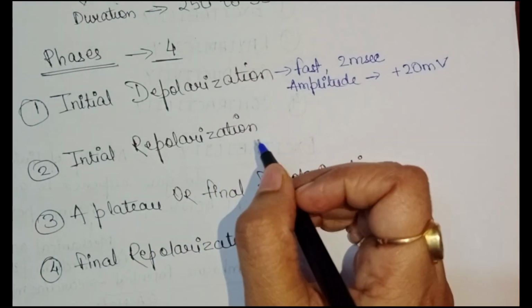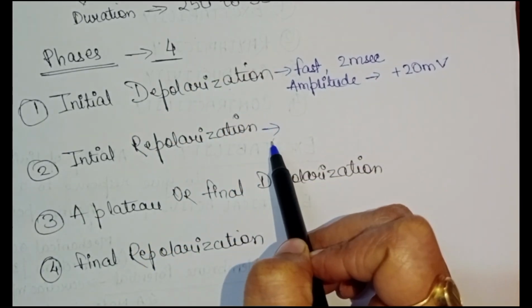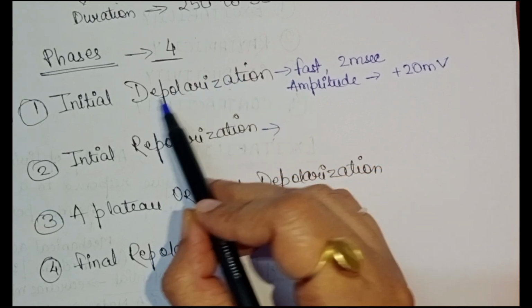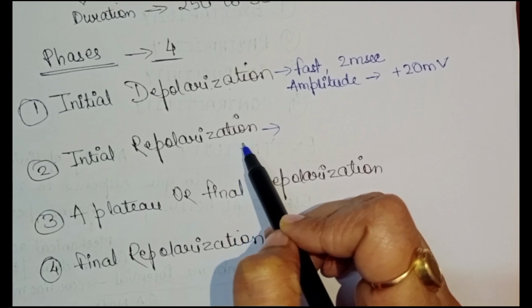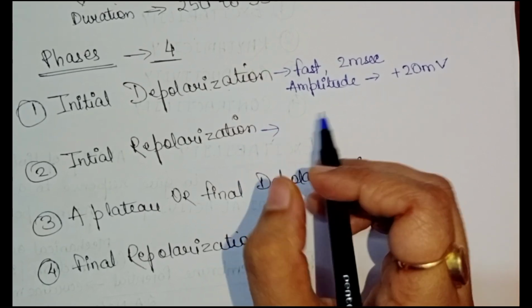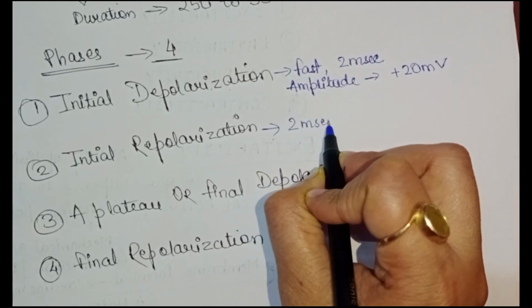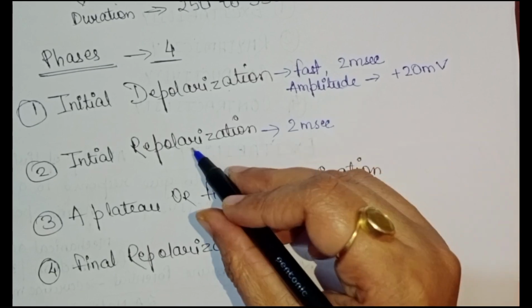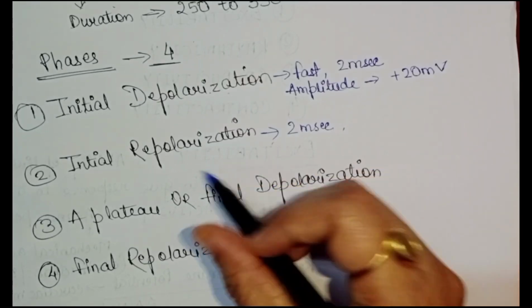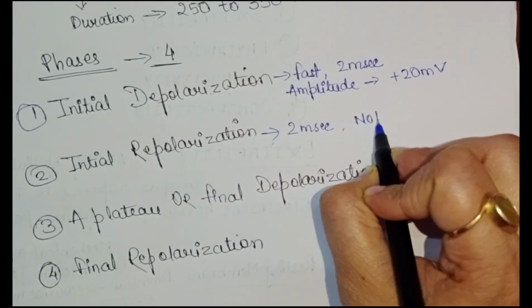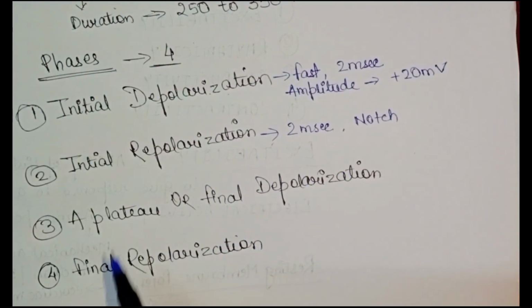Then the initial repolarization comes immediately after the initial depolarization. There is an initial rapid repolarization for a very short period of about 2 milliseconds. The end of rapid repolarization is represented by a notch if you draw a graph. We will draw a graph.